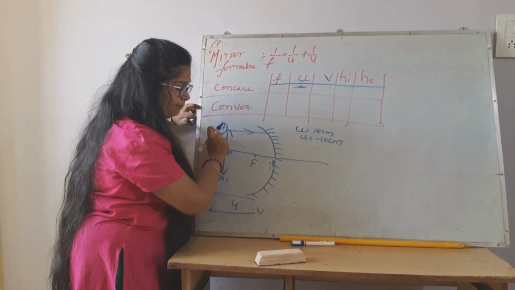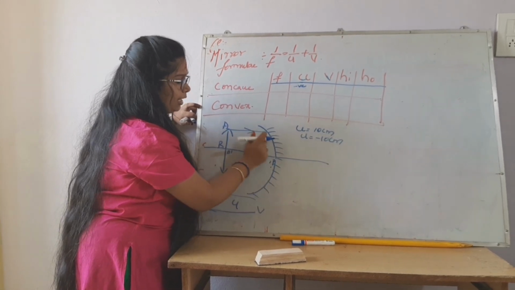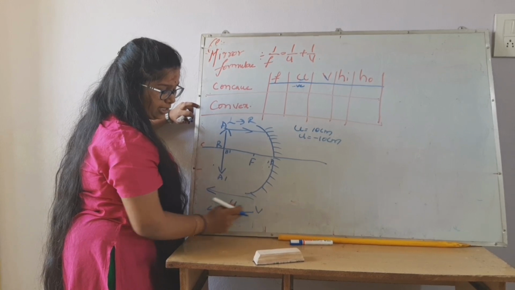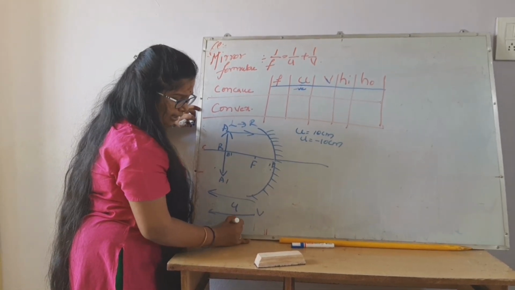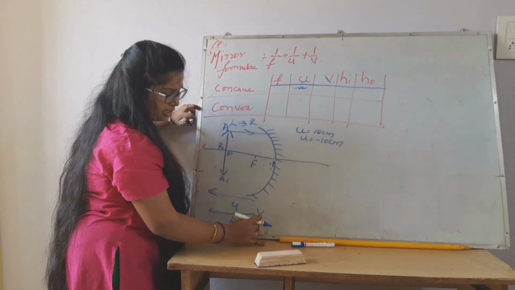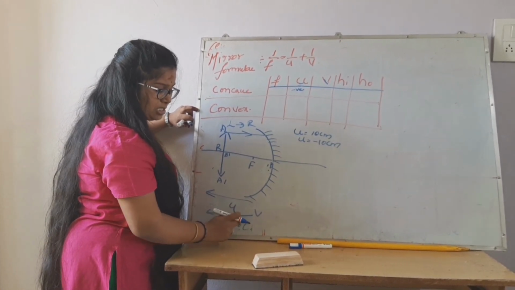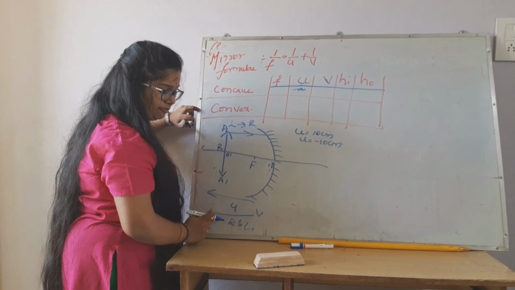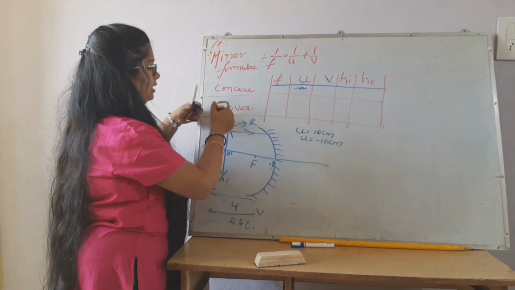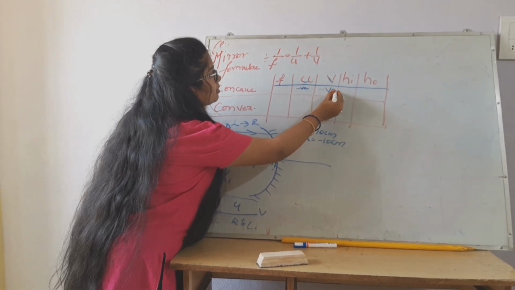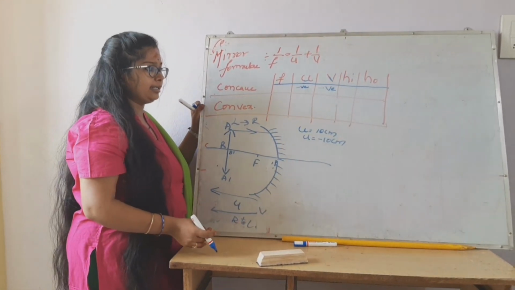Incident light is from left to right, but here the image distance you are measuring from right to left. So opposite direction, so it is negative.